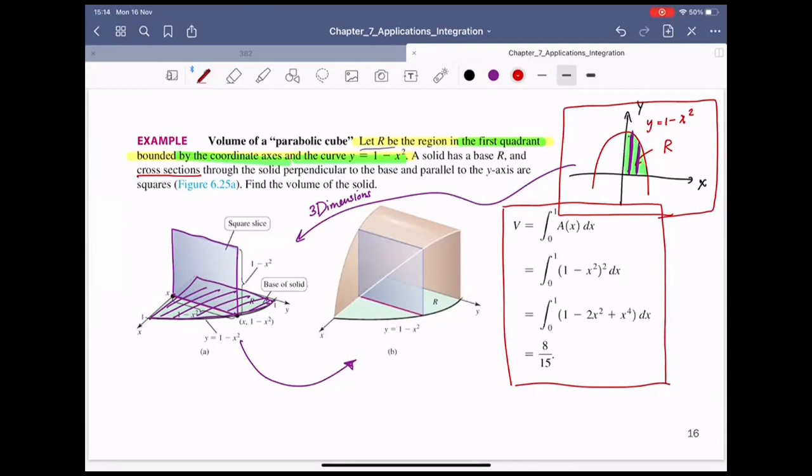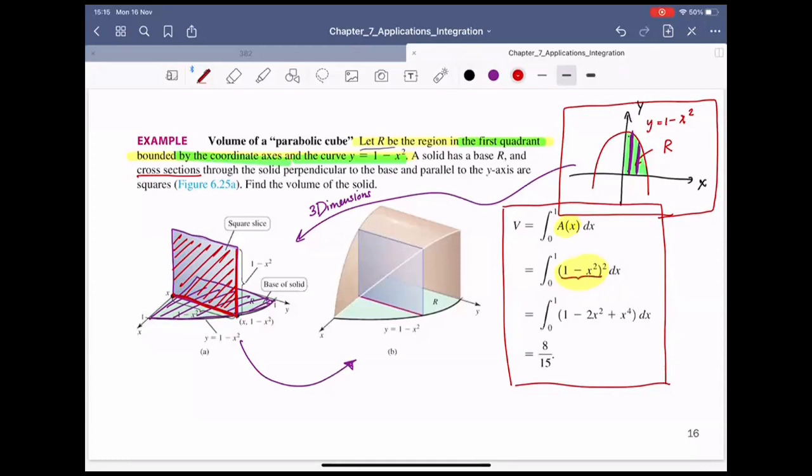Let's see how I know that A(x) is equal to this function. Your A(x) is going to be the area of the square here that I just shaded in red. The area of the square is the side squared, so I need to know the length of the side. For each x value, I am going to have a length of 1 minus x squared.